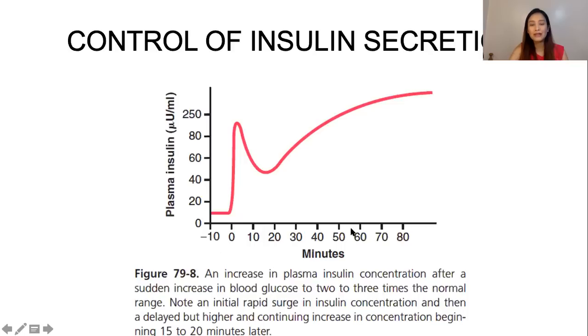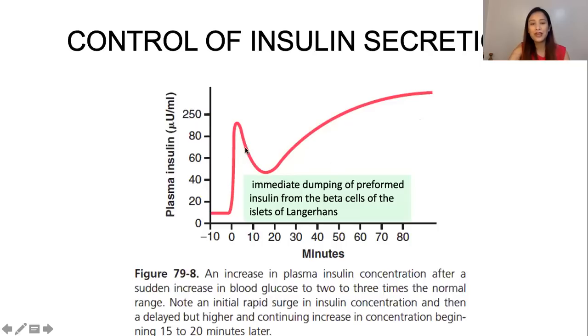So, within minutes, there is a first phase of secretion of plasma insulin with the sudden increase in blood glucose, and then after a few minutes there will be a second phase. This one is delayed but higher, with a continuing increase in concentration after 15 to 20 minutes.